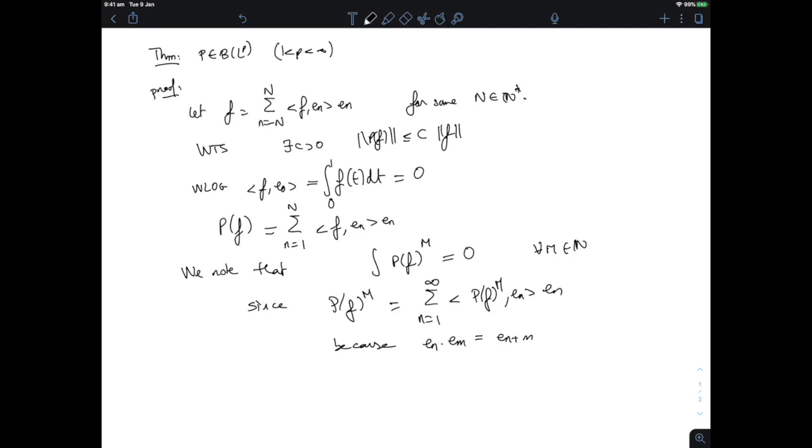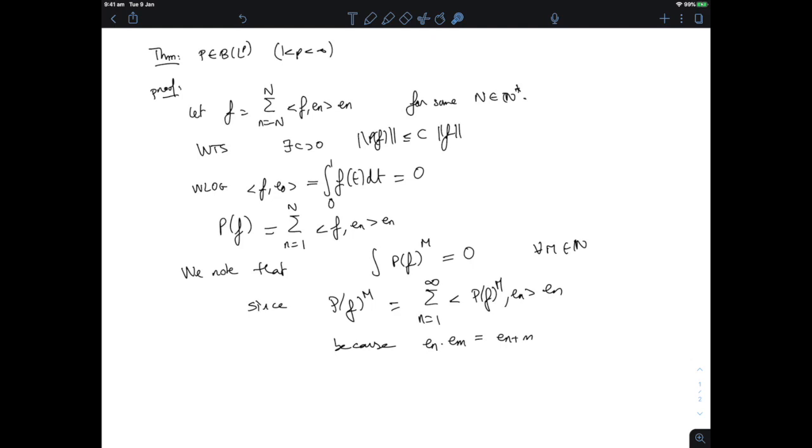E_n times E_m is E_{n+m}, because E_n is an exponential of 2 i pi n t. So because of that, you cannot go back below n equal 1 just by multiplying these series with itself, whatever many times you do that, right?